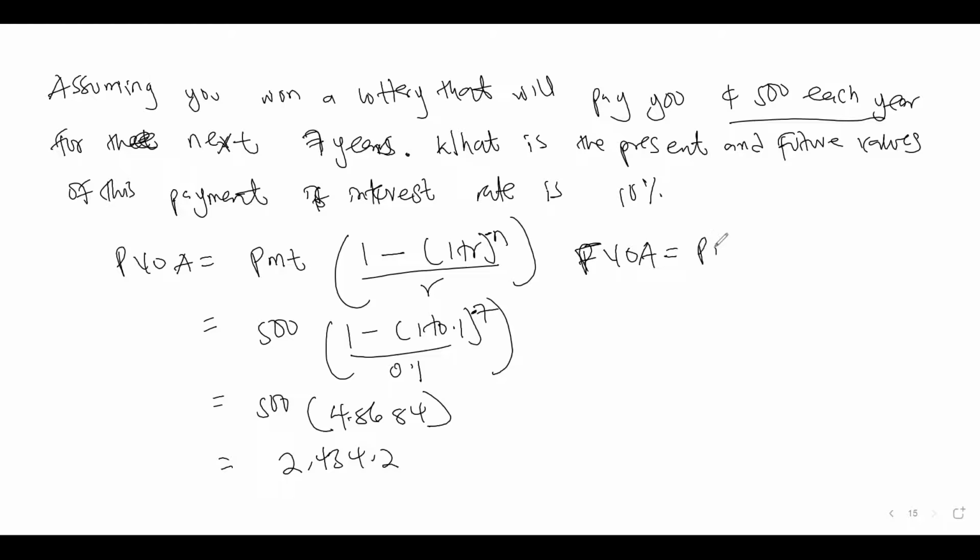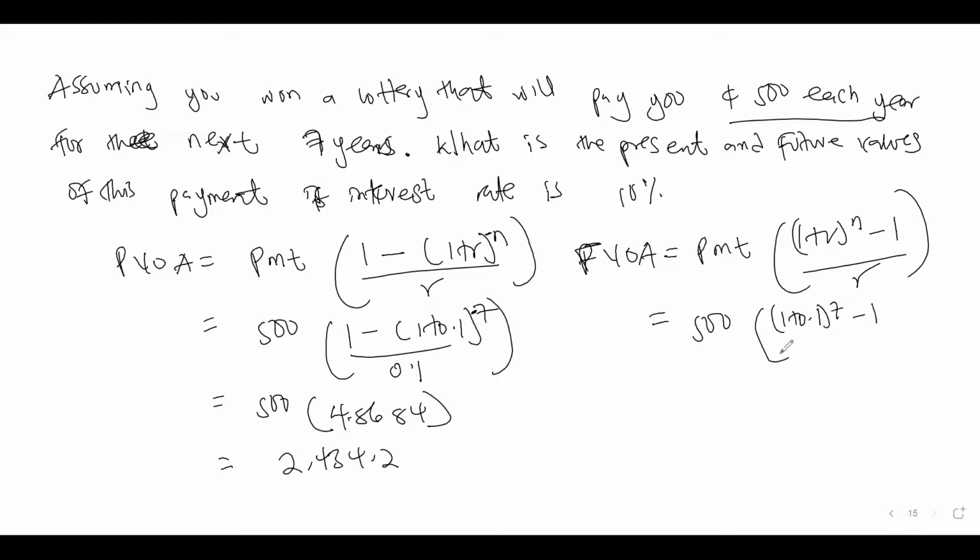The formula is payment into bracket 1 plus r raised to the power n minus 1, all over r. So you want to find the future value of the 500 each year: 500 into bracket 1 plus 0.1 raised to the power 7 minus 1, all over 0.1. You can simply read your table or you can punch. This one, the punching is easier.